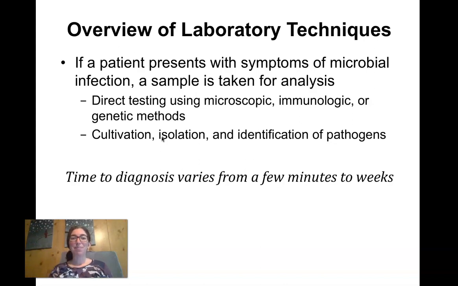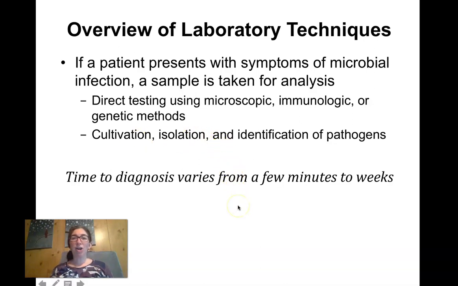to do the tests. So some of these different methods are you can do direct testing of a sample using microscopy, or using immunologic techniques, or even doing genetic testing. But a lot of times with microbes and microbial infections, you have to actually cultivate the organism, grow it, culture it, in order to be able to truly isolate it and identify what the pathogen is.